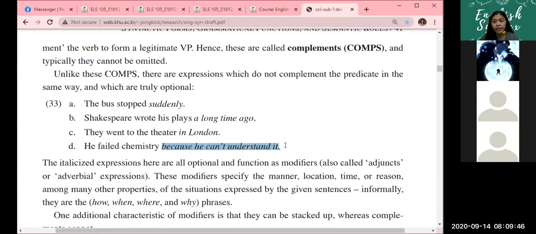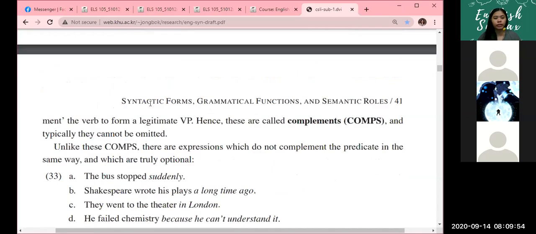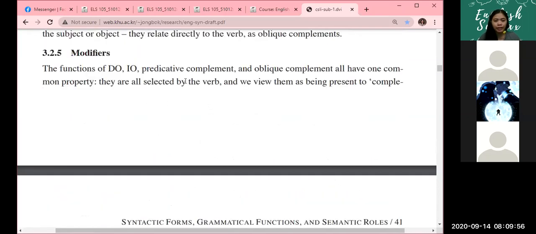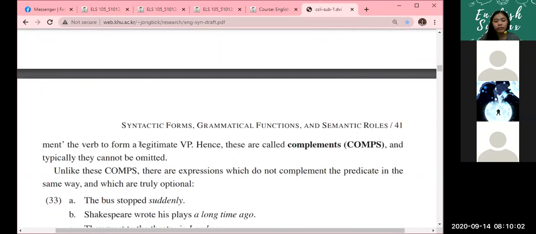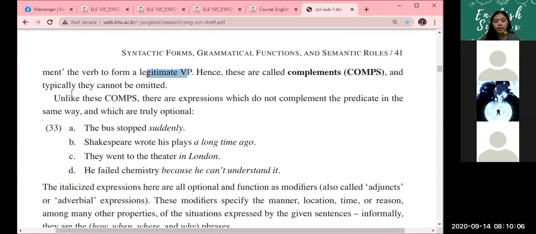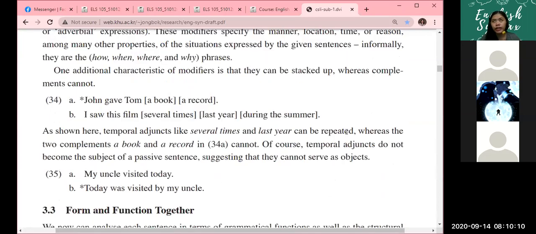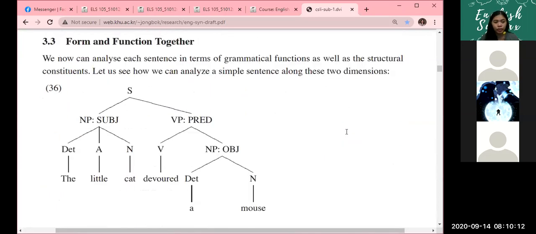What do modifiers mean? They modify. They are all selected by the verb. We view them as being present complement to the verb to form a legitimate VP or verb phrase. So hence they're called complements or complementizers or modifiers. We will deal more with that in the next chapter of the book.